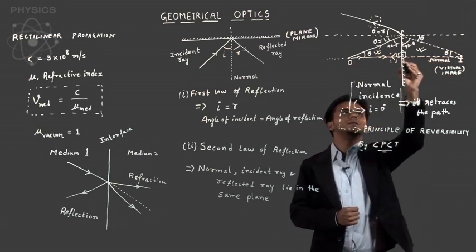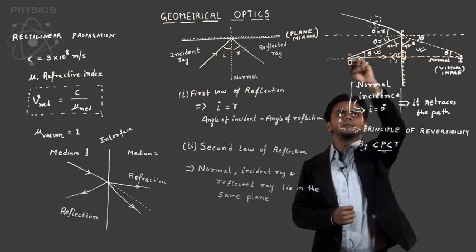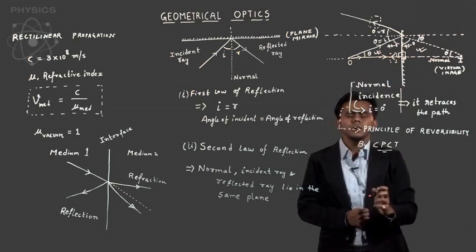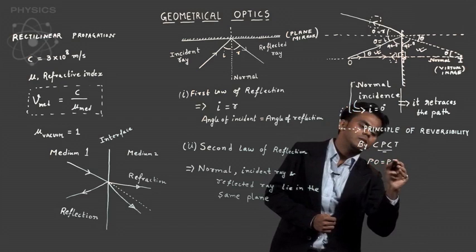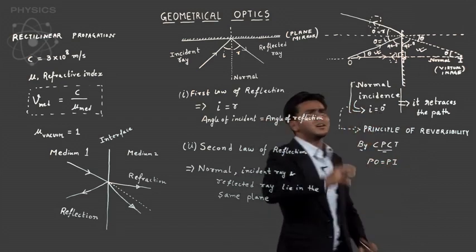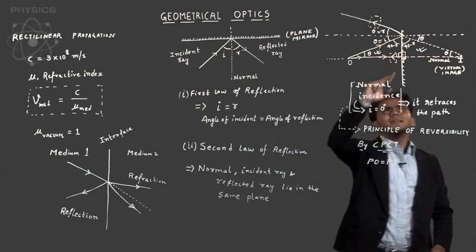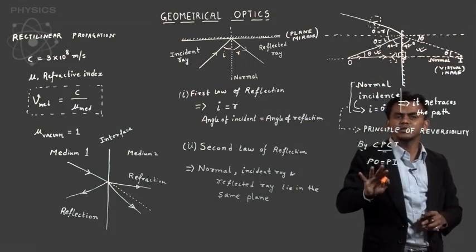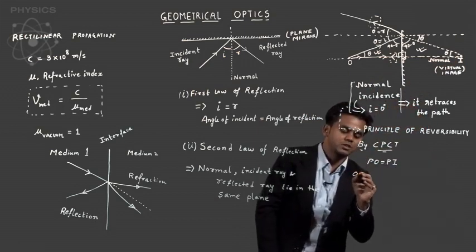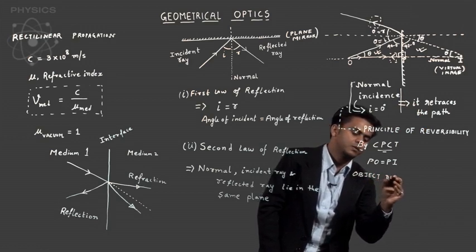Just label it as some P, the point where this incident ray is meeting the mirror. So PO would be equal to PI, which means that the separation of the object from the mirror is equal to the separation of the image from the mirror, and this is also known as object distance is equal to image distance.